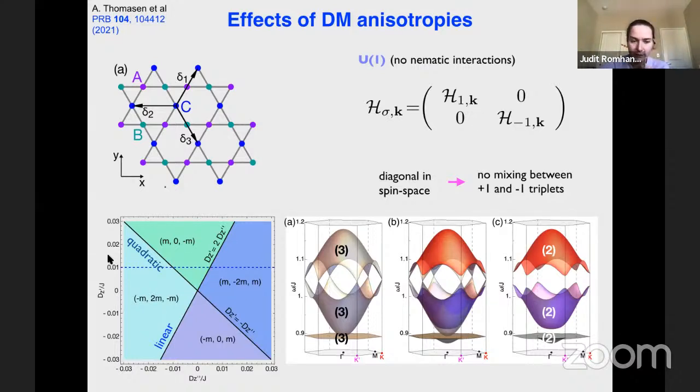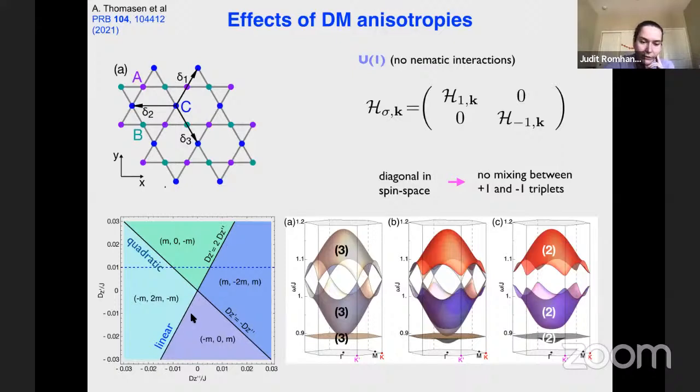And then we can map out, as a function of these Jaworski-Mole interactions, the first neighbor and the second neighbor, something like a topological phase diagram, so to speak. So this band touching phase diagram has a quadratic touching along this line here, when the first neighbor Jaworski-Mole is the same, but with opposite sign as the second neighbor.